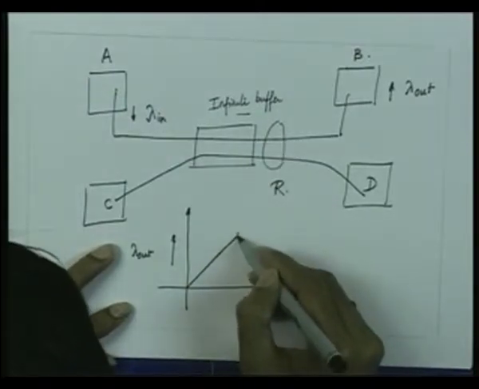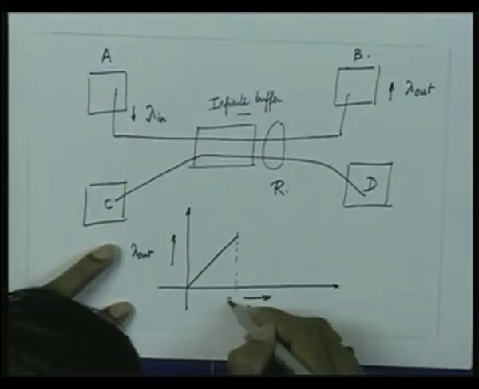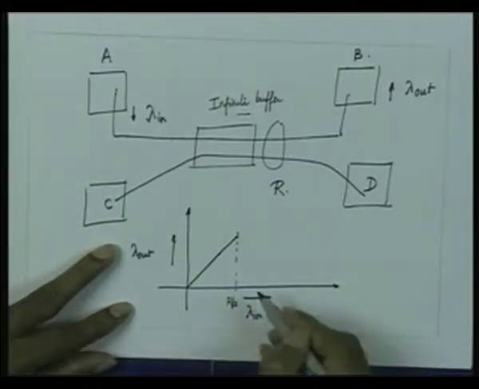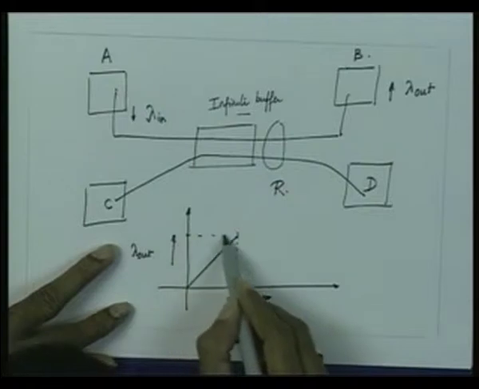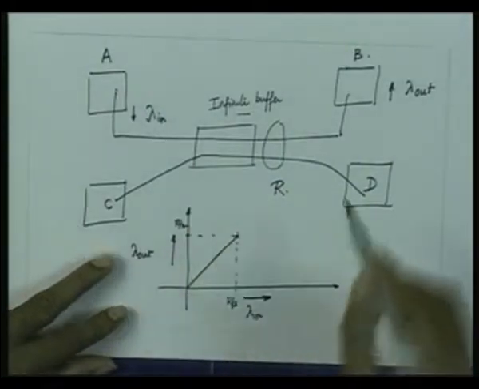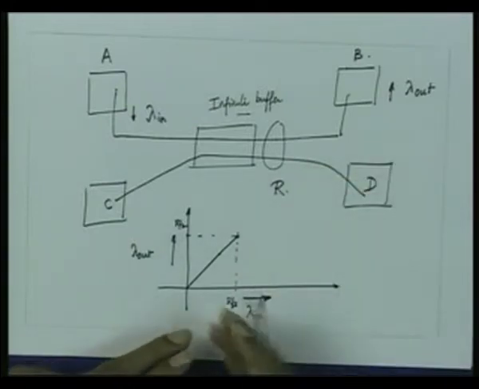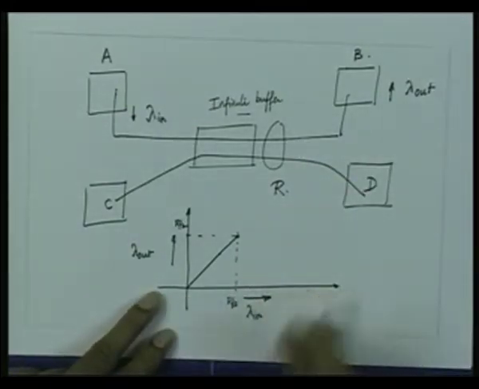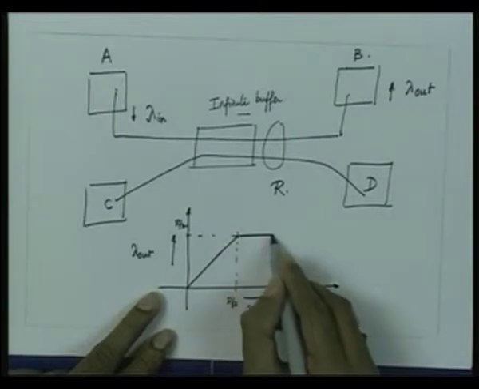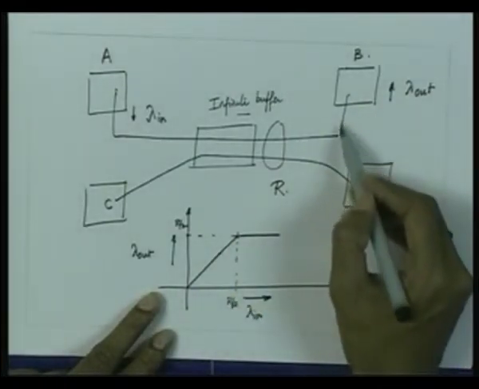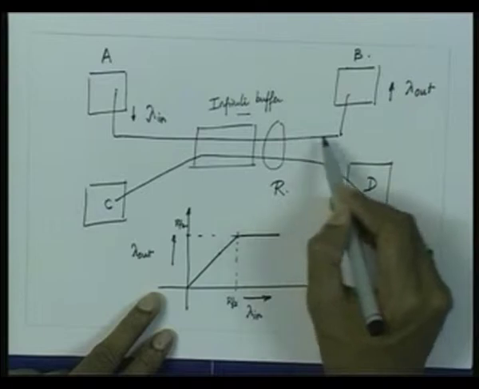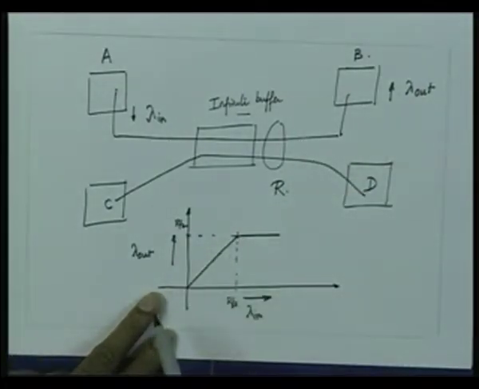When my lambda in becomes R by 2, my lambda out will become R by 2. Assume that this link has a capacity of R. After that, if I try to increase lambda in, then my lambda out, the effective throughput, is likely to remain only R by 2.